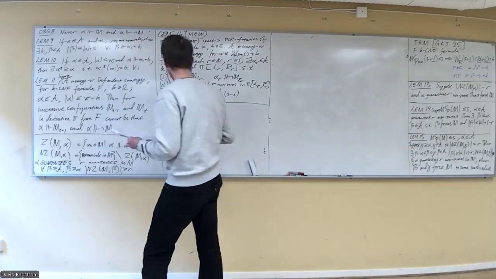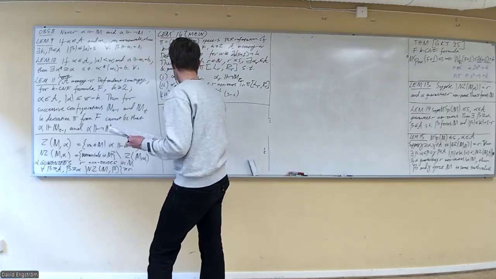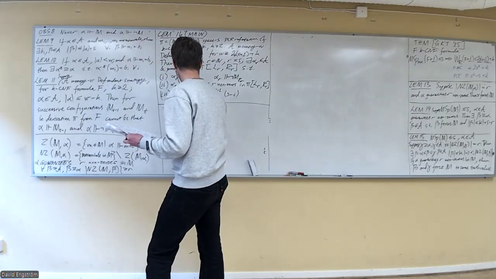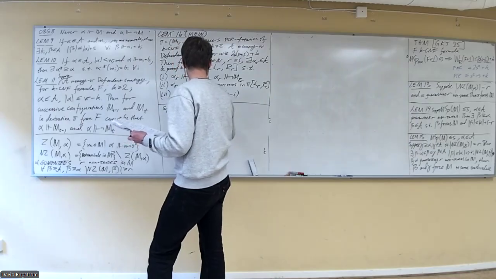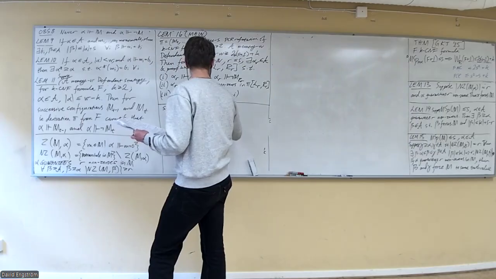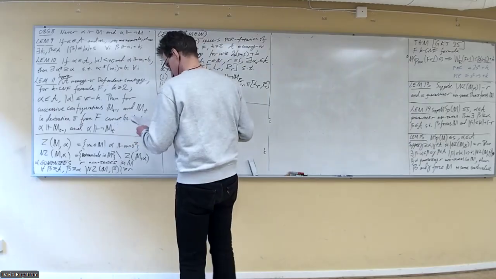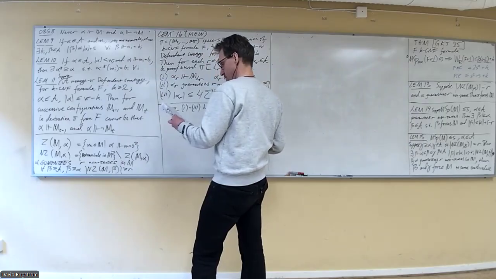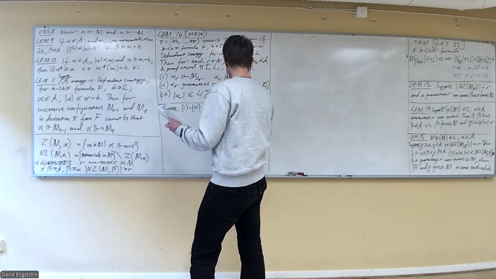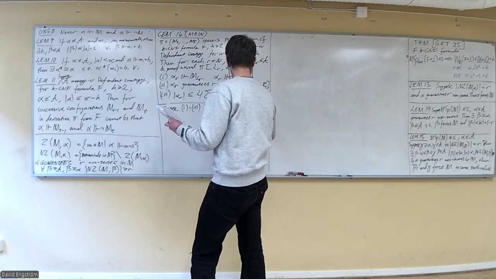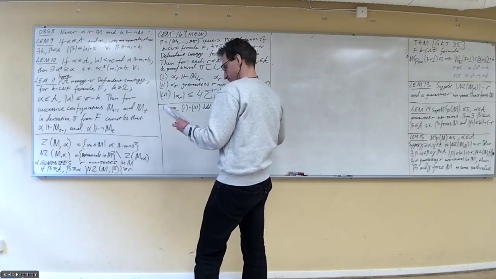So we only need to care about the inductive step. Suppose that 1 to 3 hold for alpha, R and pi LR RR.